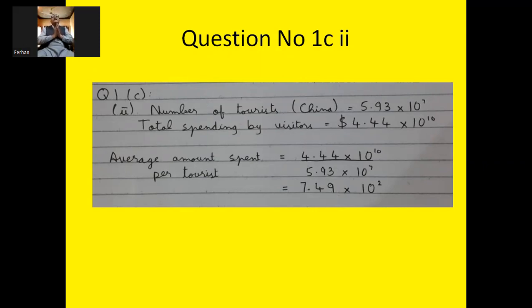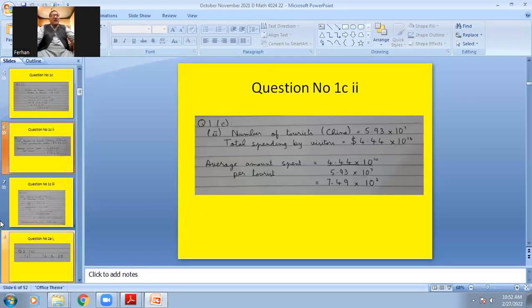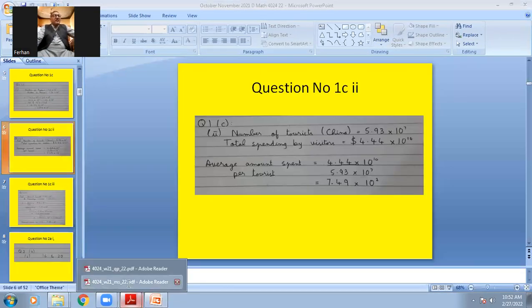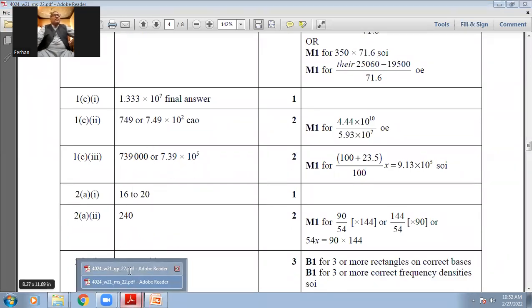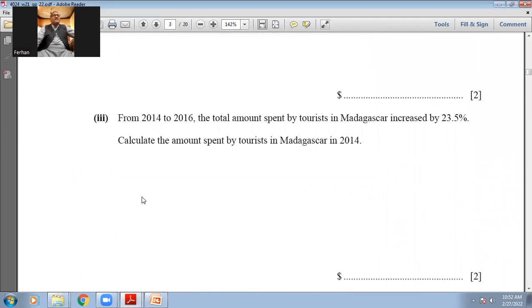So it will be 7.49 x 10^2. So this is approximately $749. So let's check. $749 is the right answer, sir. You can see here. So let's move to the next question.